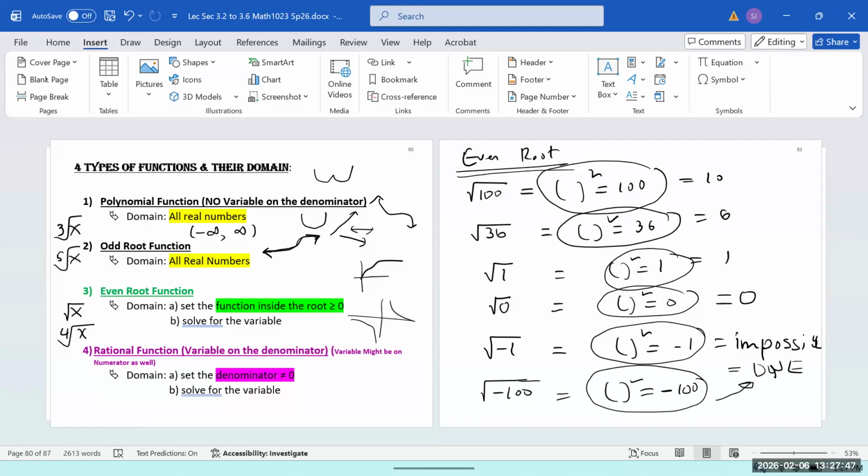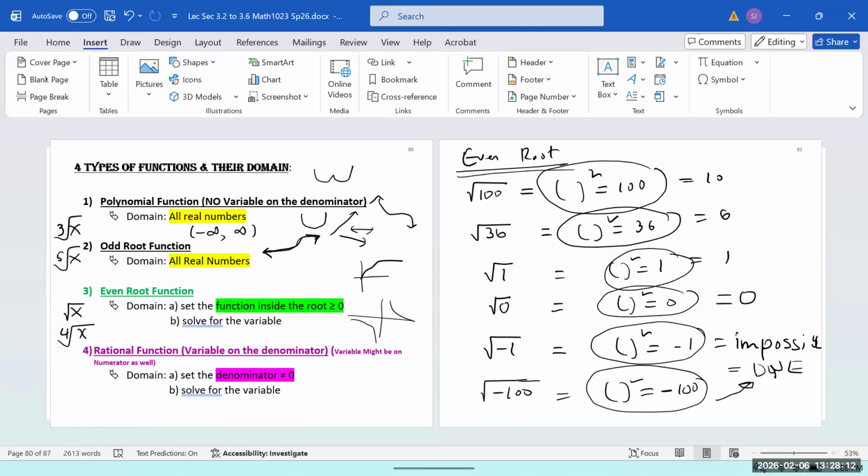So what's wrong with even root? Even root can have positive inside, it can have 0 inside, but it cannot have negative inside. So even root problem is whatever we get inside must be 0 or positive.